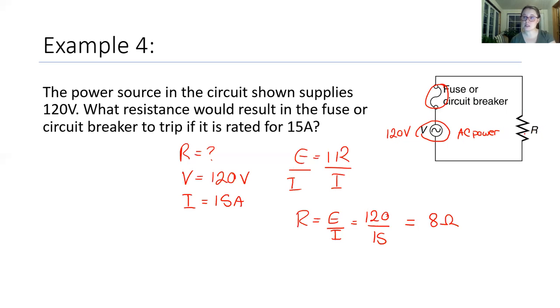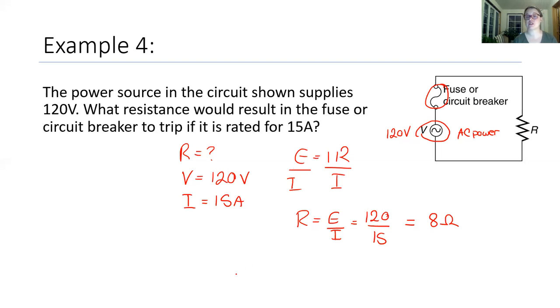More resistance decreases current. It's like closing off the nozzle on the hose. If we decrease the resistance, there's less restriction. That's going to allow more flow. It's like adding wider hallways or wider aisles so more people can pass. So decreasing resistance will increase current.